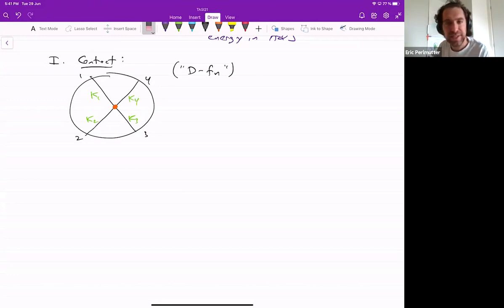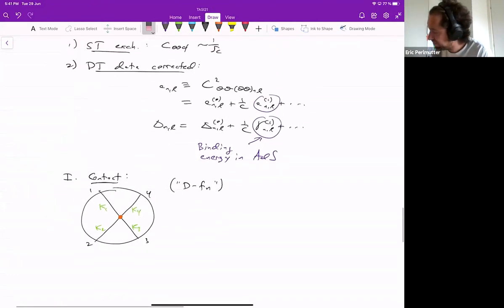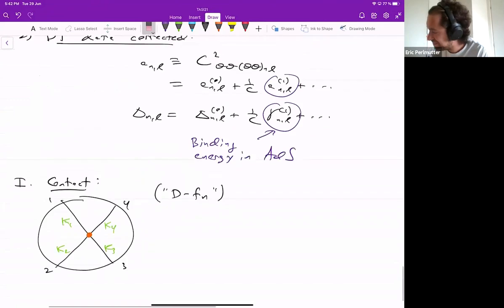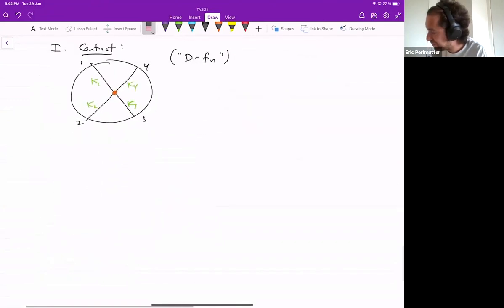We're interested in the CFT decomposition of this thing. So this decomposes into double trace operators only.